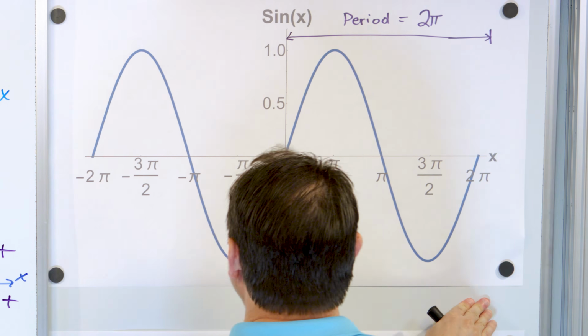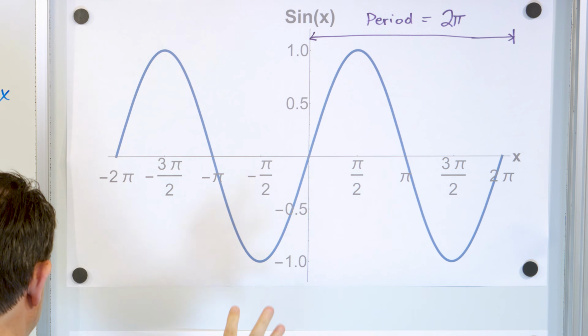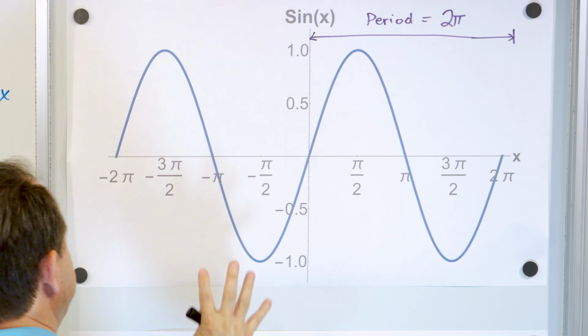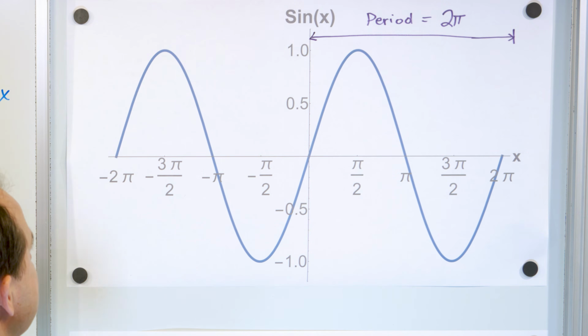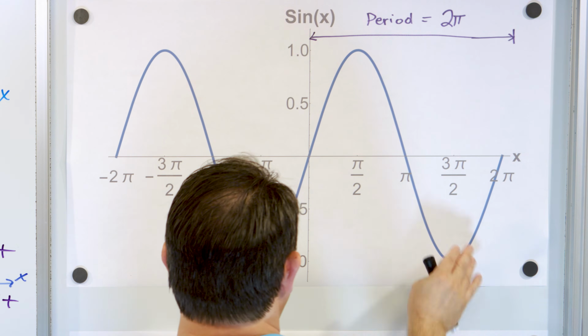So what we've already said mathematically is that the sine and the cosine function have exactly the same shape, but they're shifted relative to each other. They both have a period of 2 pi.